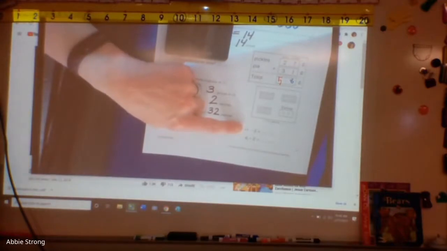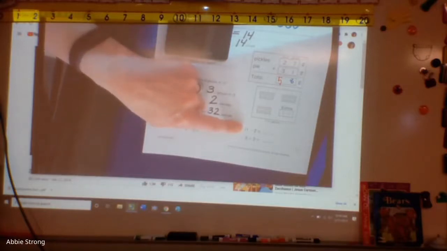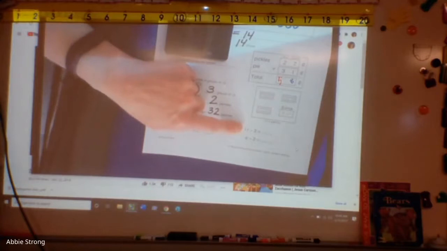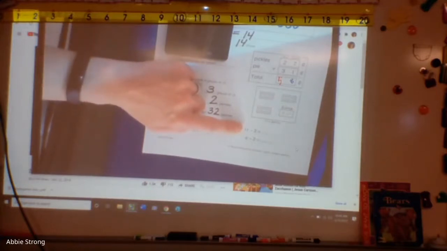Here's the next one. 11. Find the 11 on your number line. Then you have 2 cookies taken away, or you share them with friends. 11 take away 2.